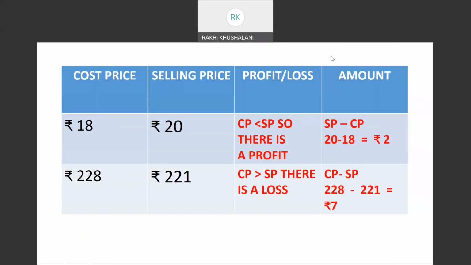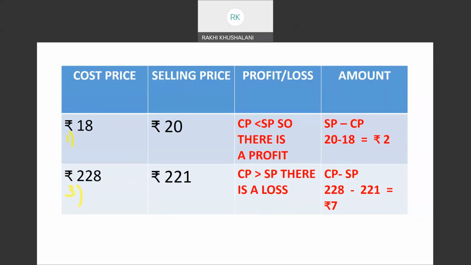Okay, this is the first one and this is the third one. So the cost price is rupees 18 and selling price is rupees 20. Obviously, we see the cost price is less than the selling price. That is 18 is less than 20. Or you can write it the other way: selling price is more than the cost price.